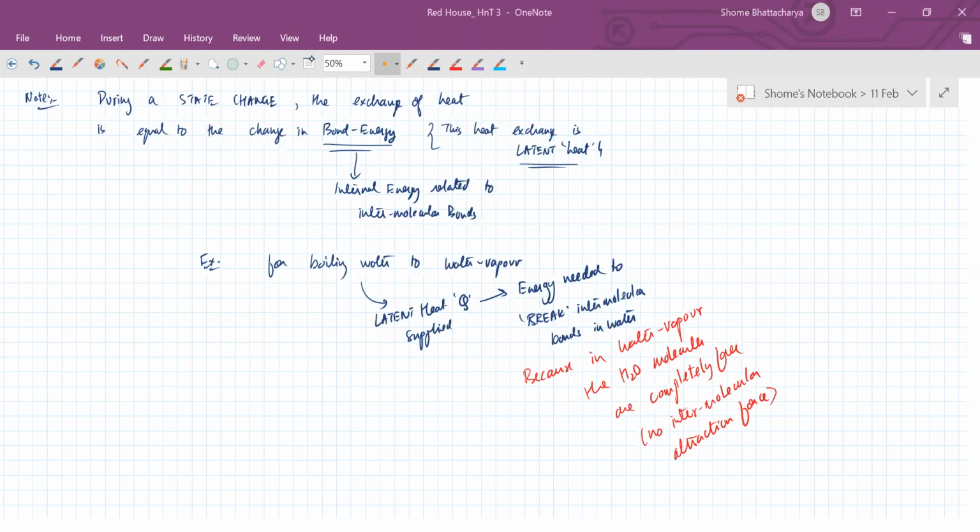But see, at the end of the day, the idea is that this is what we observe in experiment, and the theoretical thing that I'm telling you is just a way of justifying what we see in experiment. What is happening at the molecular level is often more complex because of quantum mechanical factors and all that. So this is an approximate way of explaining what is happening using very basic ideas in physics.